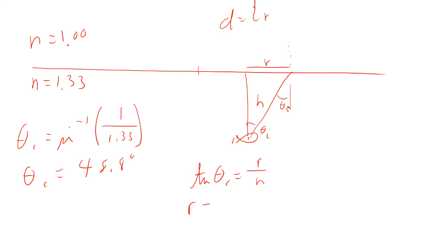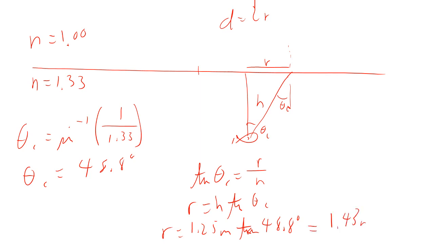So r is h times the tangent of the critical angle. That's going to be equal to 1.25 meters times the tangent of 48.8 degrees, and that comes out to be 1.43 meters. The diameter of Snell's window is twice that, so that's going to be 2.86 meters.